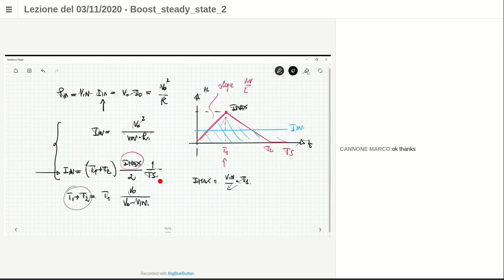So let's say, for example, to put T1 plus T2 inside this parenthesis, Imax inside this one, and so we can derive the following expression.